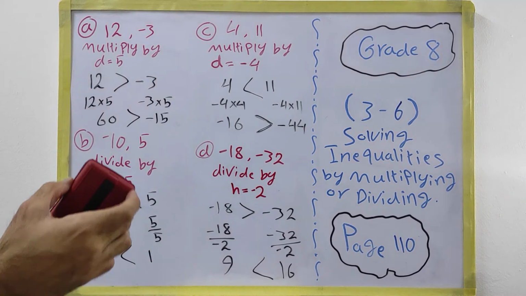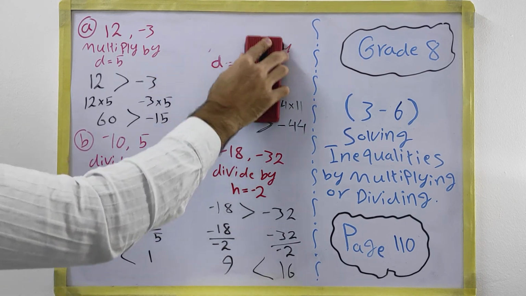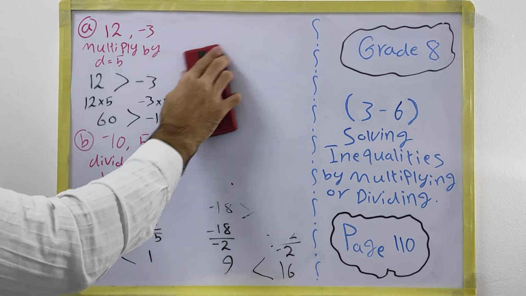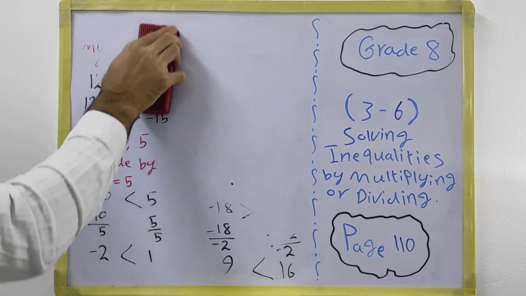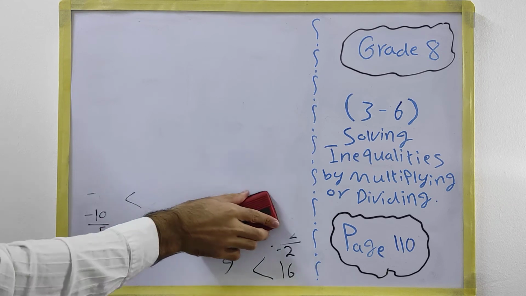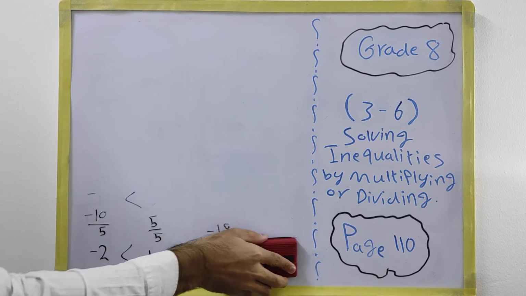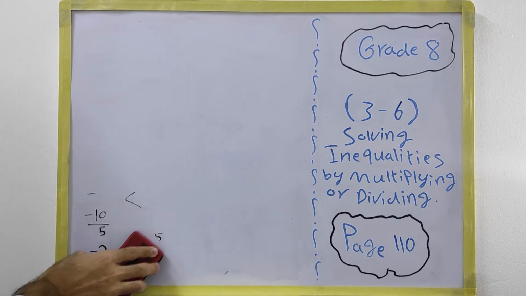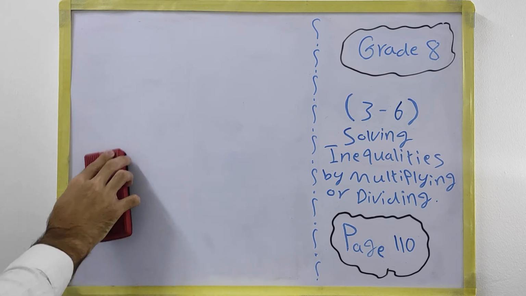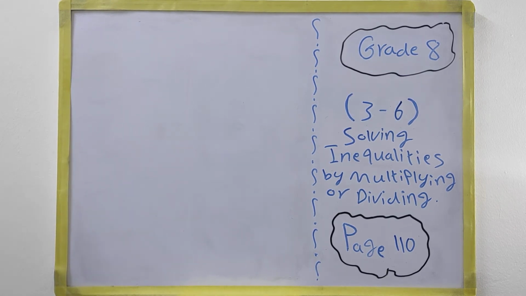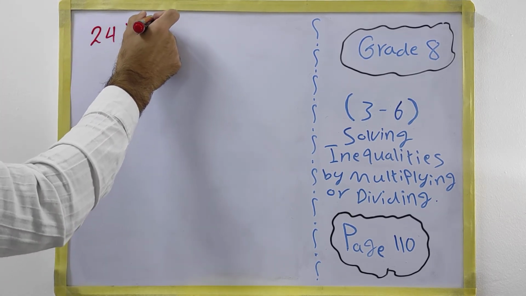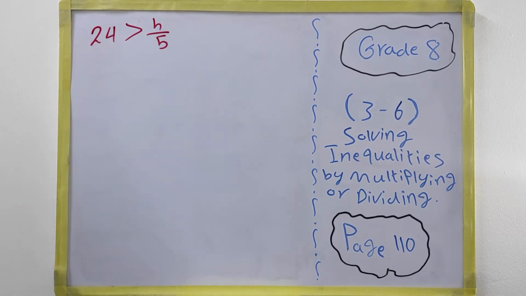And now let's solve some examples for those inequalities that we have unknown variables, that we have letters like x, y, b, a, those kind of things. How can we solve? By multiplying or dividing. Let's write down some examples. 24 greater than h over 5.